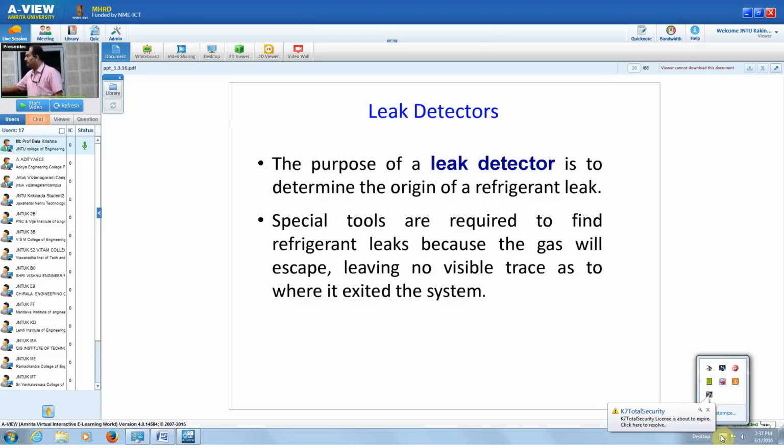Maybe we can't see where it is leaking, it is not possible visibly. Generally with a complaint, suppose the refrigerator is not working, we will open everything and close it, but we can't find any problem. Right? That's why there is a chance of refrigerant leakage during this flow.